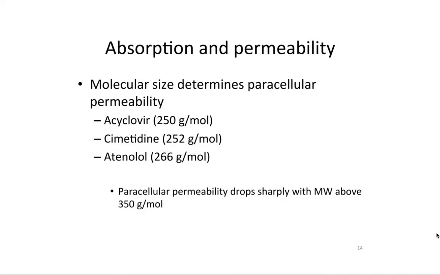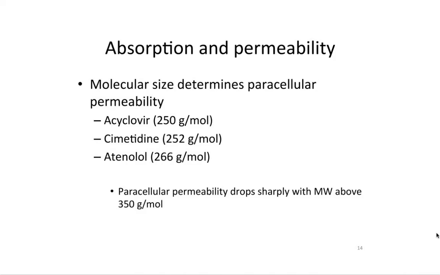So these pores that line the tight junctions, as well as those spread across the epithelial cells, become similar to the size of the molecule when the molecular weight is about 350 grams per mole.